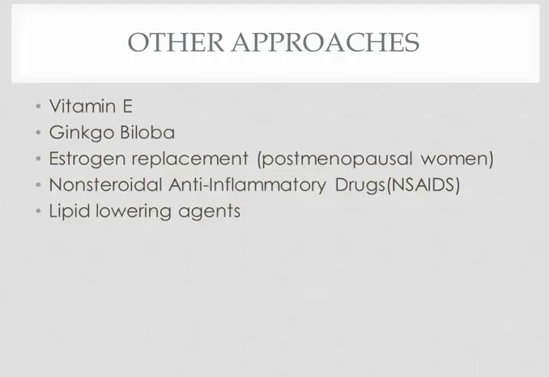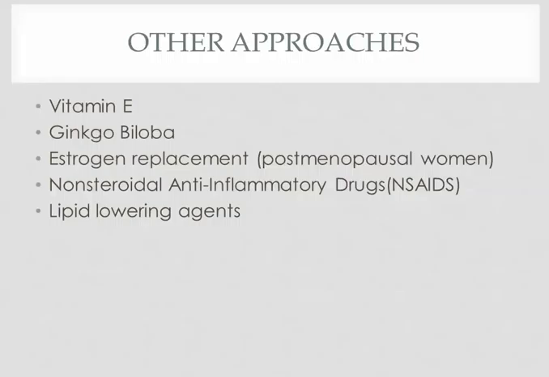Non-steroidal anti-inflammatory drugs might decrease the risk of AD in some clients. With decreased inflammation caused by the plaques containing beta amyloid, the neurons have less damage and cell death. Lipid lowering agents that lower cholesterol may be useful in preventing AD.